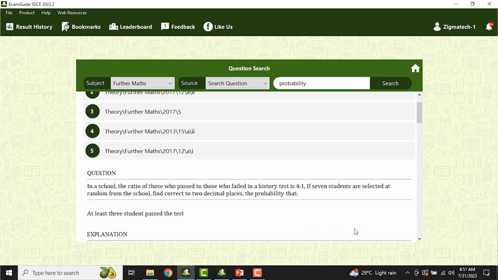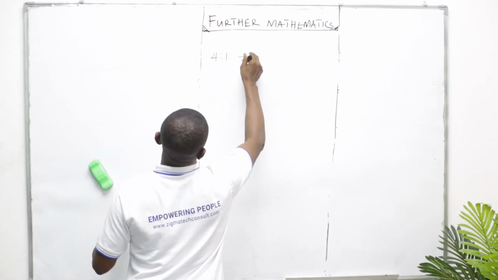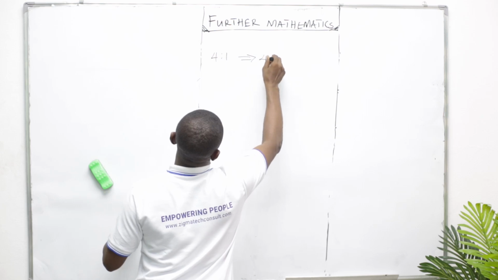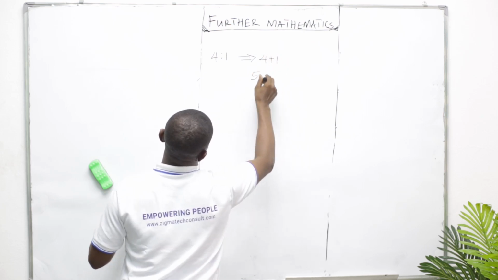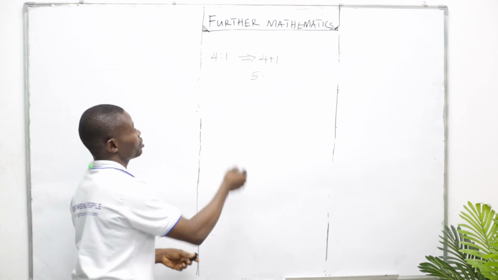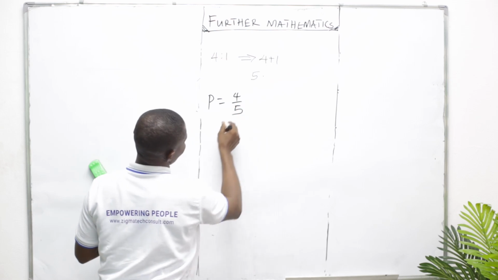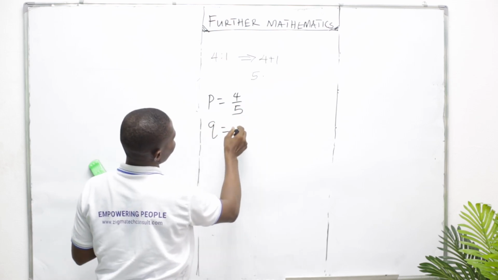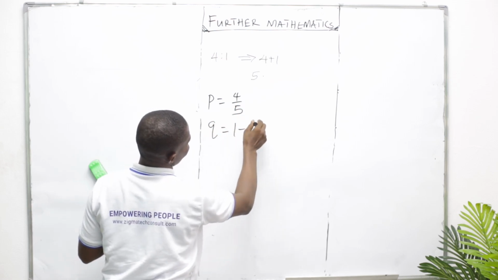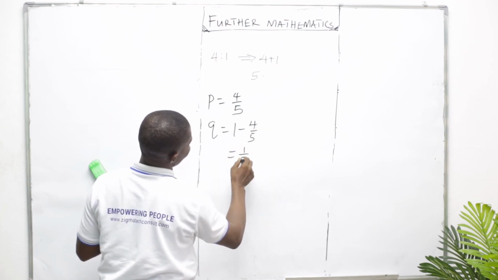A ratio 4:1. This implies the total is what? 5. For success, P equals 4/5. I've told you failure, Q equals 1 minus success, which is what? 1/5.